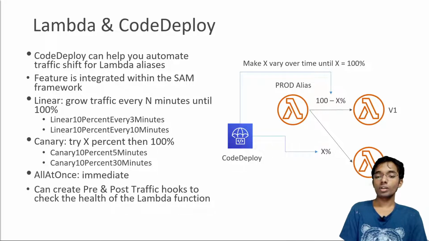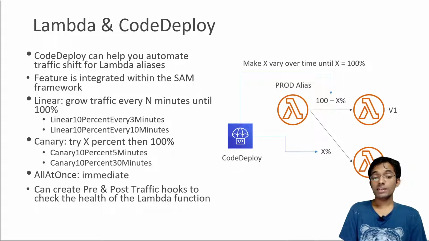But you can have canary 10% 30 minutes if you want to be more cautious. And then you have all at once, which is immediate. So we don't even have the x value, okay? We just migrated from v1 to v2 right away.